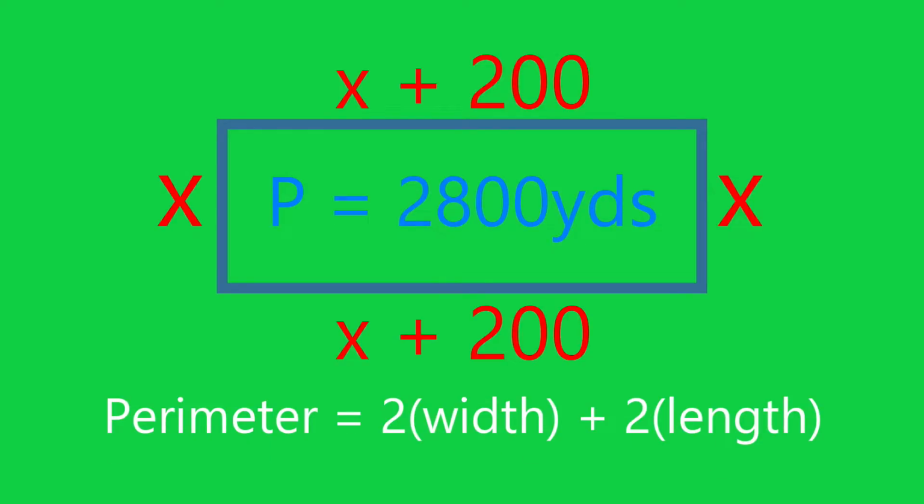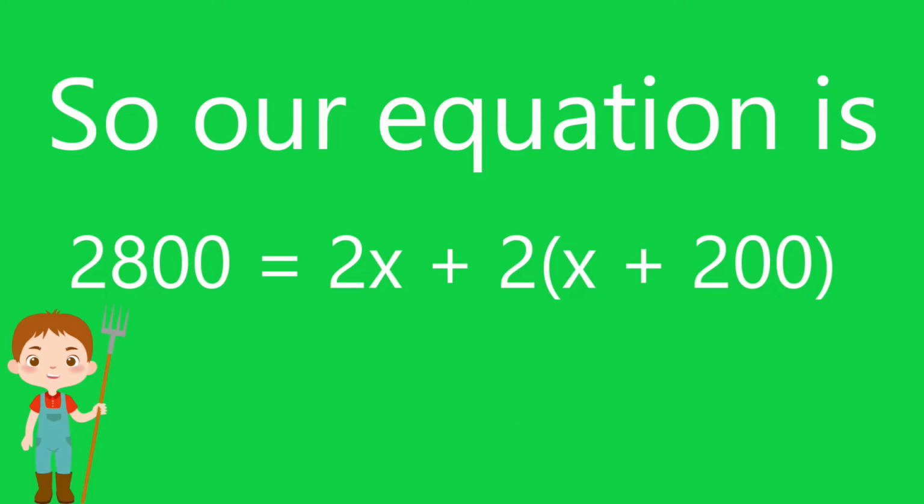The formula for the perimeter of a rectangle is 2 times the width plus 2 times the length. So our equation is 2,800 equals 2x plus 2 times x plus 200.